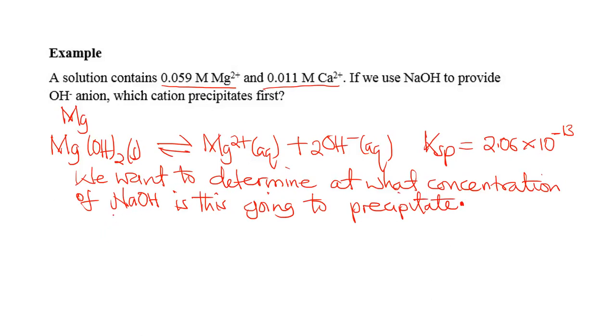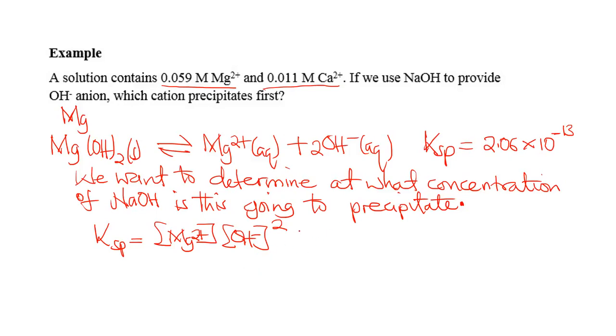Now, for this equation, the KSP is given by the concentration of Mg2 plus times the concentration of OH minus squared.